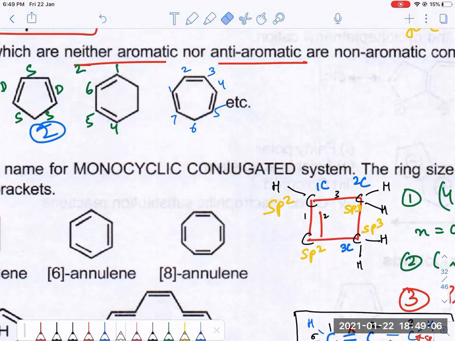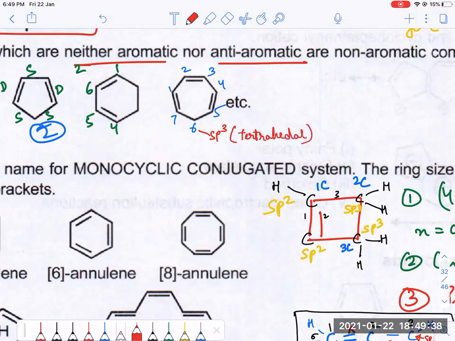The sixth one is sp3. Correct. Sir, the sixth is tetrahedral. Correct, sp3 is tetrahedral.